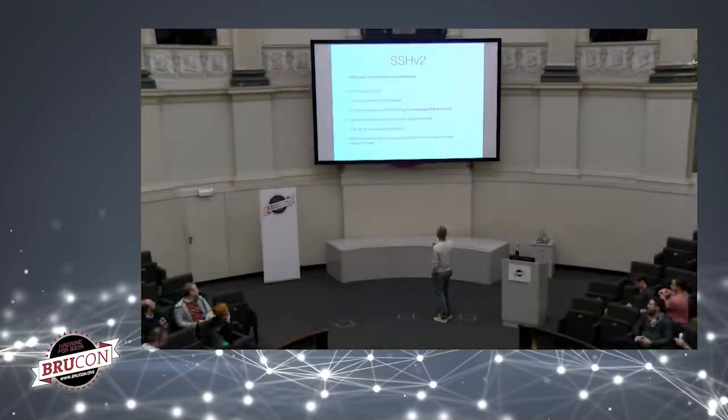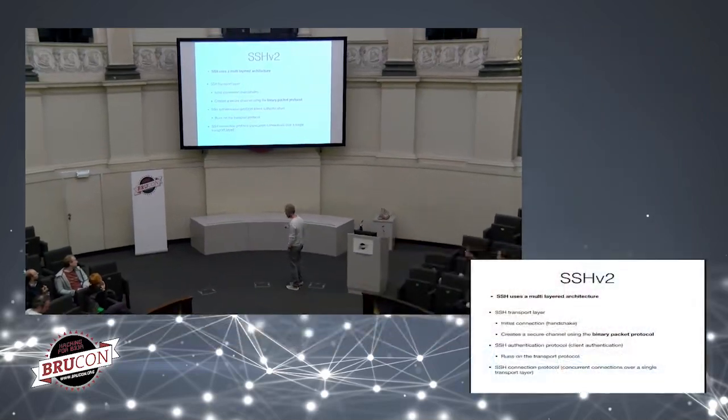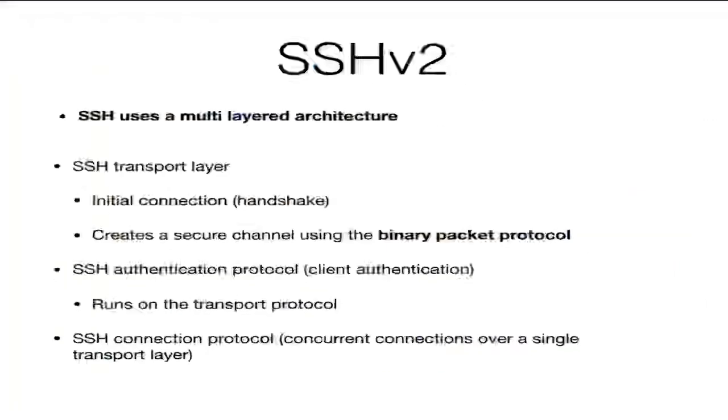We have the transport layer, if you will, which performs the initial connection, as in the handshake, and is also responsible for creating this secure channel, as in data confidentiality, integrity, and authenticity. In order to do that, they use the binary packet protocol to create this channel.